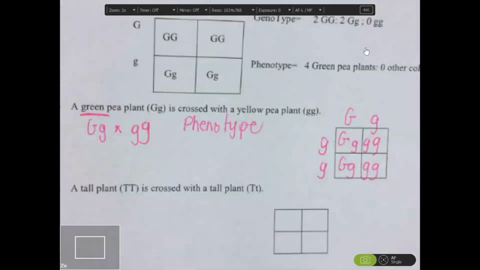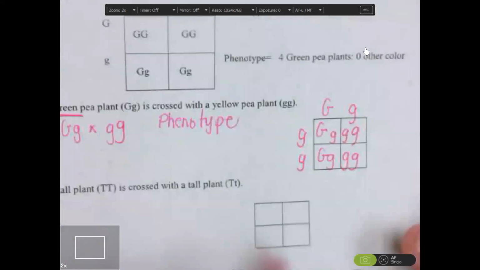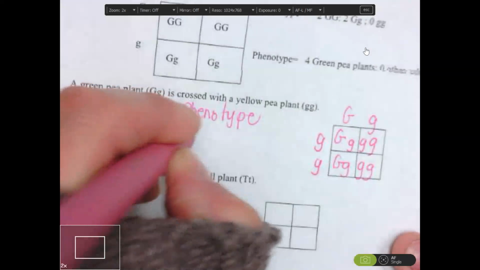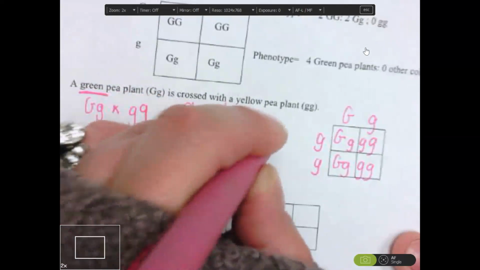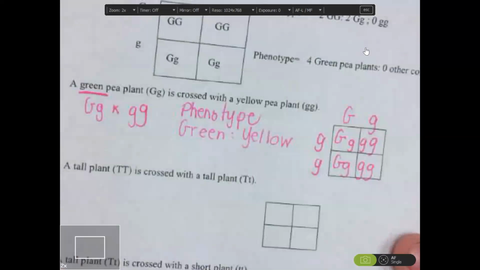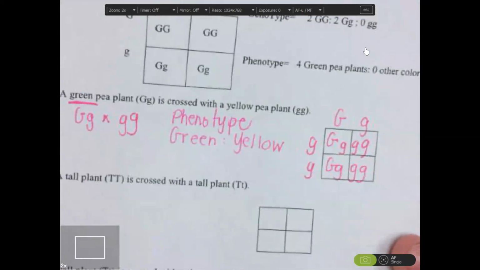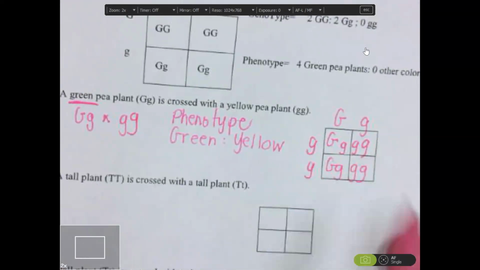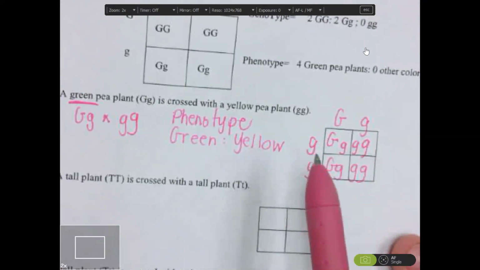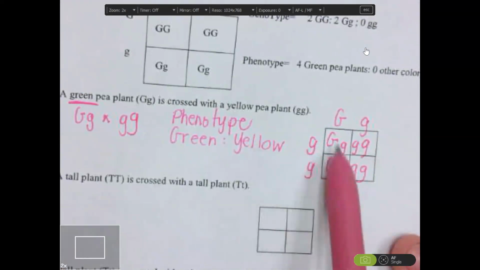My two possible phenotypes in this case are green and yellow. We know green is dominant and yellow is recessive. Looking at these, if I see a dominant allele, which is the big G, I know that it's green. So in this case, I have 2 green and 2 yellow.